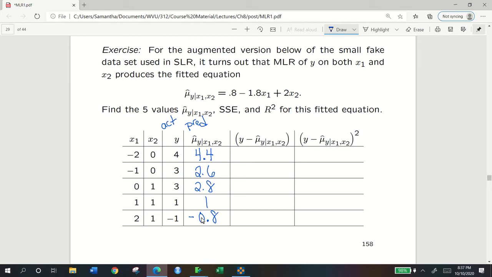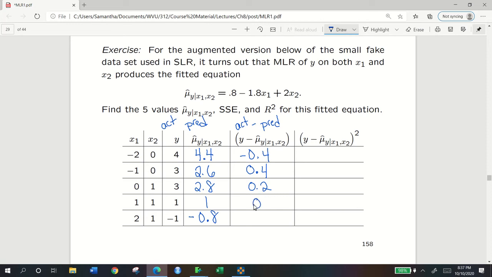In our next column, we are asked to subtract our actual y's minus our predicted. And so from here, 4 minus 4.4 would be negative 0.4. 3 minus 2.6 would be positive 0.4. 3 minus 2.8 is 0.2. 1 minus 1 is 0.